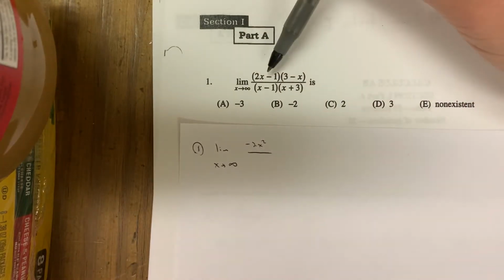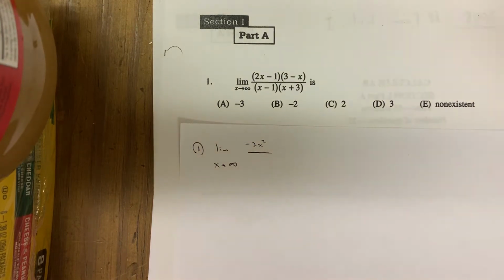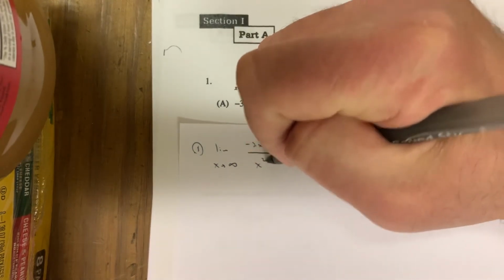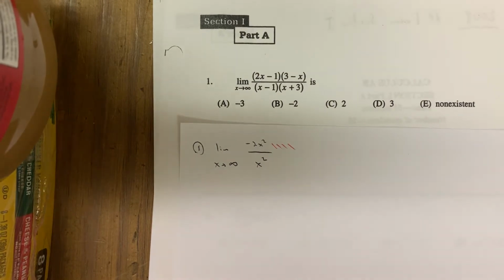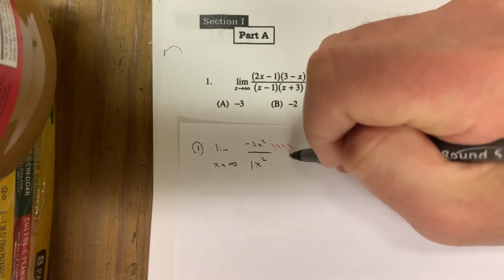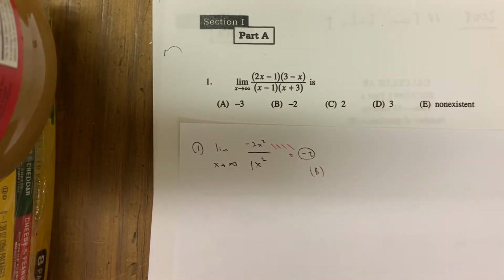That's all you have to worry about, okay? The rest of the terms are going to be lesser degree. You could slice them out, so we don't care about those lesser terms. And downstairs, you'll generate the term of highest degree by doing x times x, which gives you x squared. And remember, for a limit as x approaches infinity, if the degrees are tied, we divide coefficients of the terms of highest degree. Negative 2 divided by 1 is going to give me that negative 2. That's choice B right there.